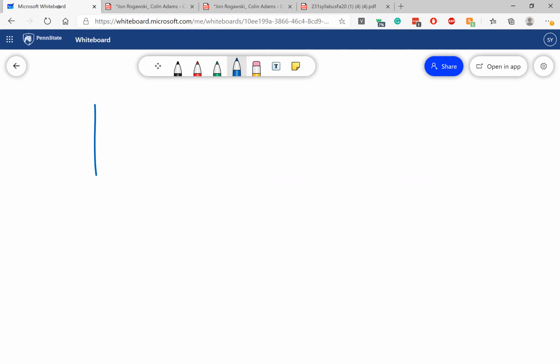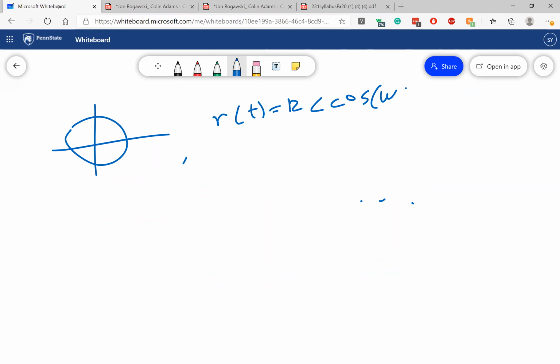If we have a circle, we have said before that we can write r of t equal to r times cosine of omega t, sine of omega t. These are all the circles we can find, right?